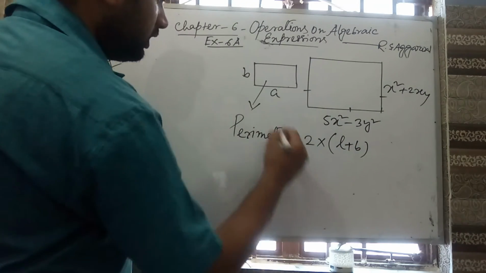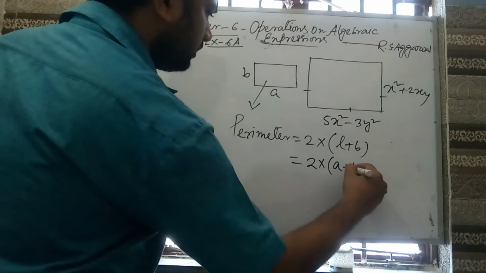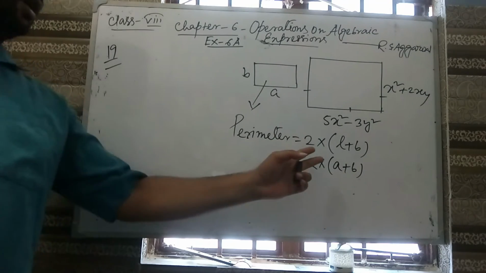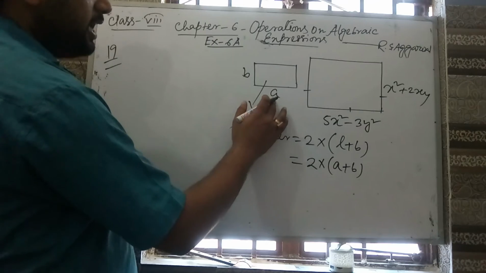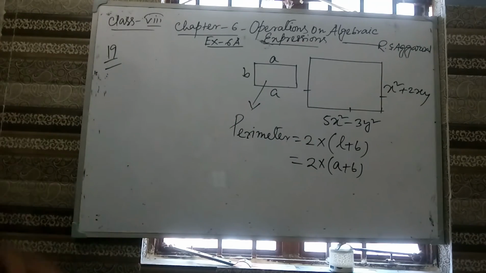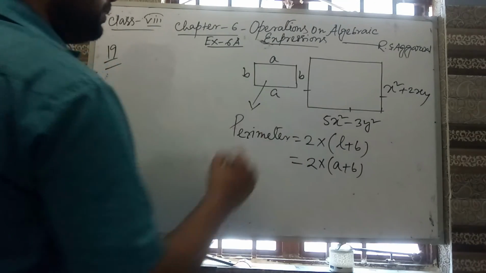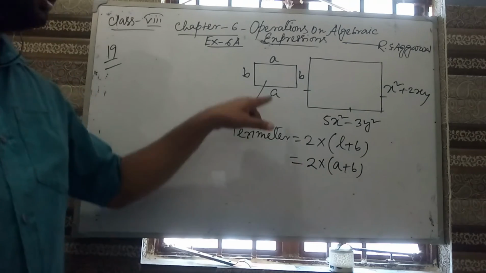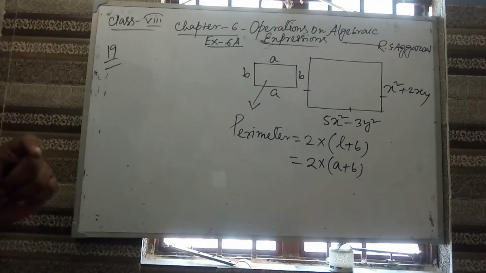That is, for this figure it will be 2 into A plus B. 2 times length plus breadth. Why? If this is A, so this will be A. Since in a rectangle, the opposite sides are equal, this is B, so this one will be B. So 2 times A plus B means 2A plus 2B. 2A means A plus A, again B plus B. So 2A plus 2B.